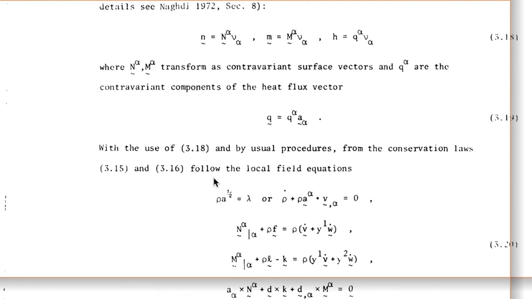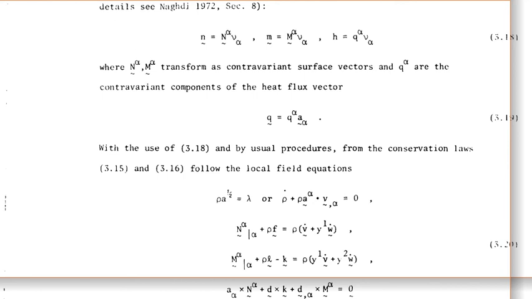But the main problem with this approach was that it was difficult to connect it with the 3D world. They have introduced new force and moment quantities, but how will they get related to the actual 3D material which we have? How will we write the constitutive equations? So that was the main question.